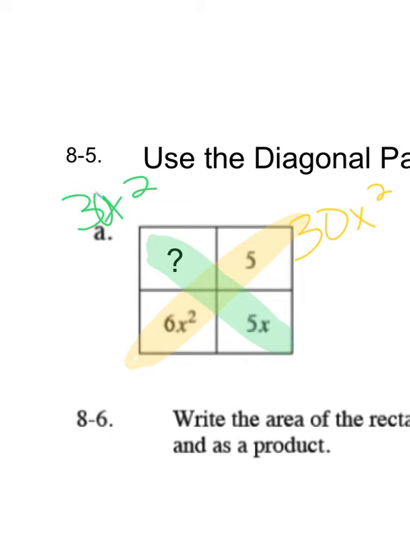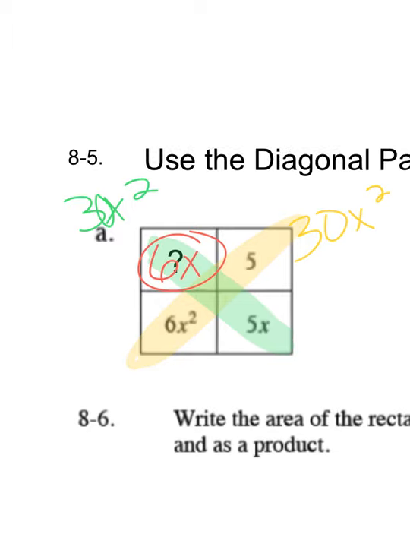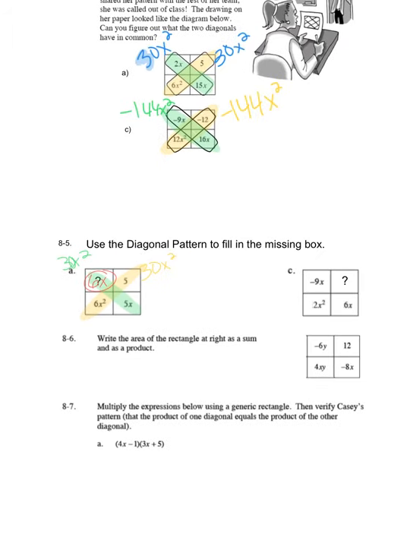So 5x times what makes 30x squared? 5 times 6 is 30, and to go from x to x squared, it would also need to have an x. So the piece that's missing is 6x. Go to the next one.